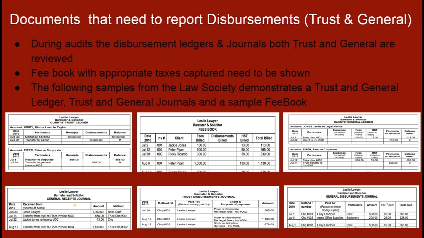Not just the client and matter, but the invoice number involved, the amount, and the specific provincial taxes that were billed upon. If you look at a journal, it also captures the method of payment, right? So what's the check number? Was it a business credit card transaction?